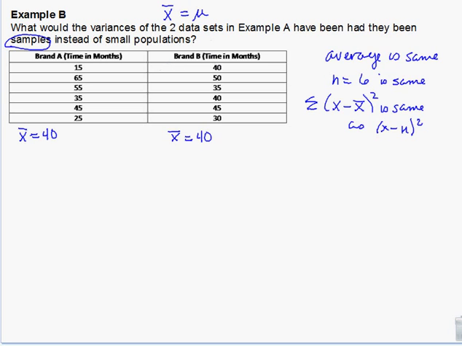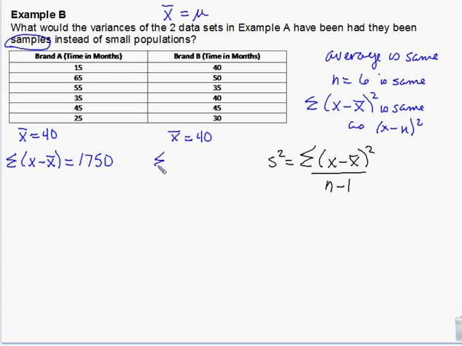Okay? So the equation, however, has changed. The equation for the variance of a sample, we divide by n minus 1. Okay, guys? Shh. All right, so I'm going to go back and remember that my sum on brand A was 1,750, and my sum on brand B was 250.